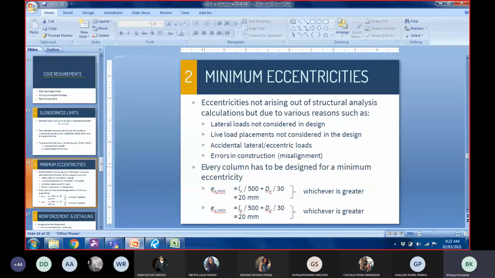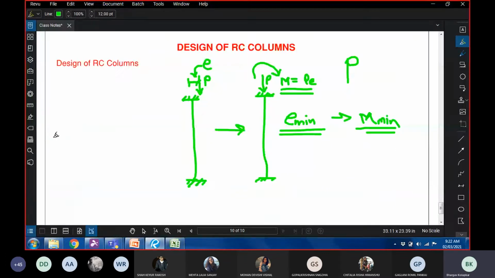The code says that every column has to be designed for a minimum eccentricity of L by 500 plus D by 30, where L is the unsupported length of the column and D is the dimension in the direction in which you're looking. So if we assume that our L is 4 meters, so L is 4000 mm, and let us say the dimension that we have given is 300 mm, so we have a 300 mm column.